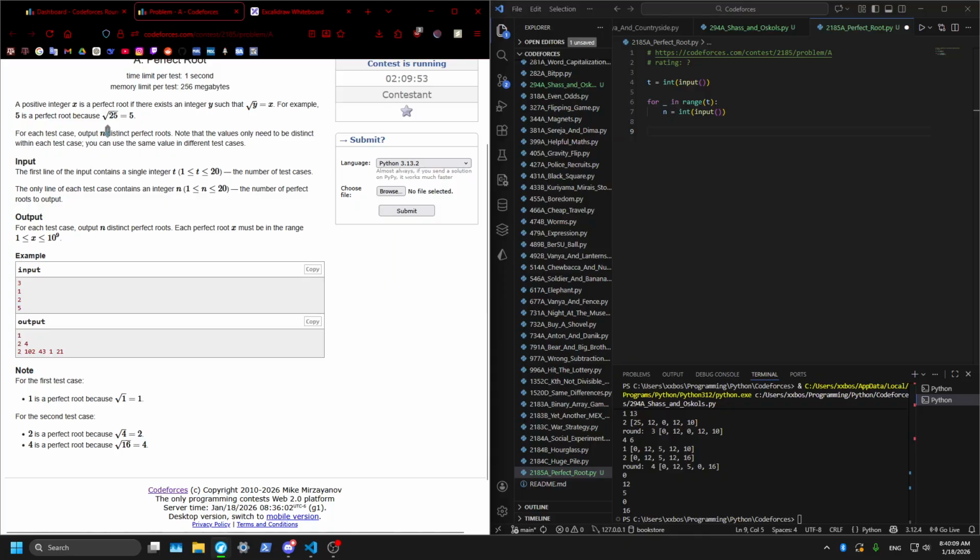Because 3 is a perfect root of 9. Output n distinct perfect roots. I don't get it. What's the catch? What's stopping me from just 1, 2, 3, 4, 5?